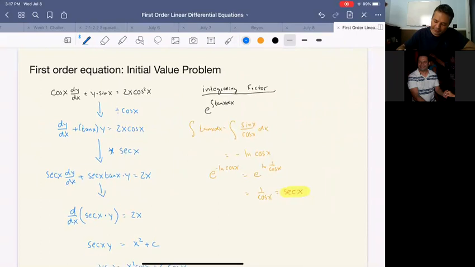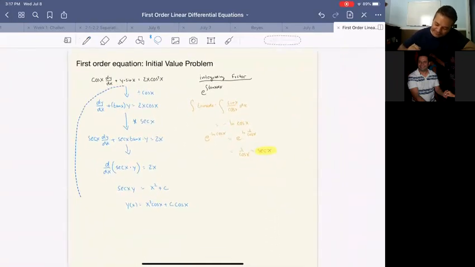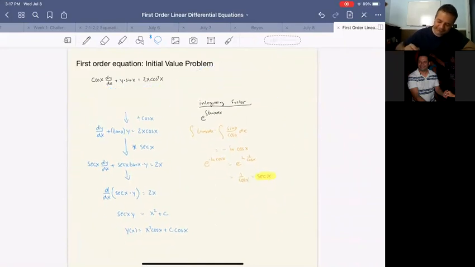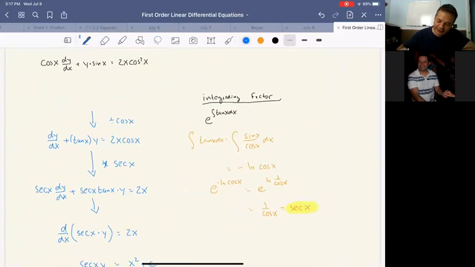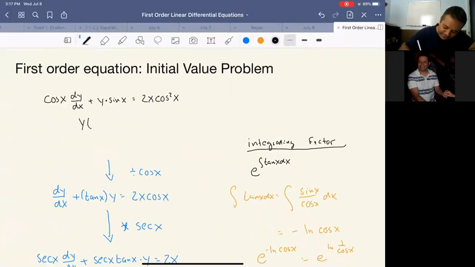Oh, I forgot my initial condition. Pretend I had given you the initial condition from the beginning. Let's edit. So let's pretend I'd given you the initial condition from the beginning: y of pi over 4 equals negative 15 root 2 over 32 times pi squared.